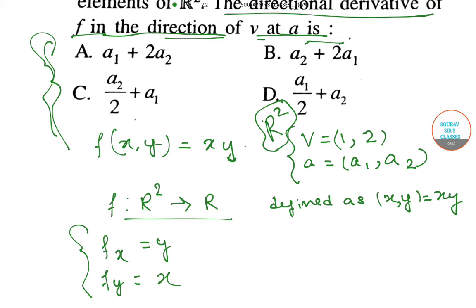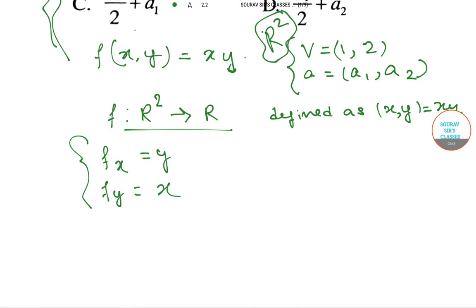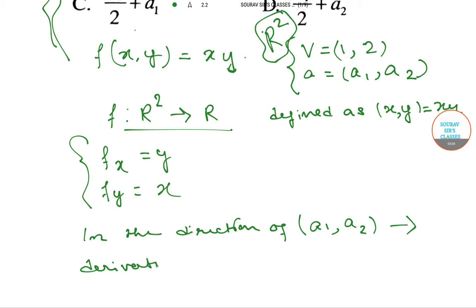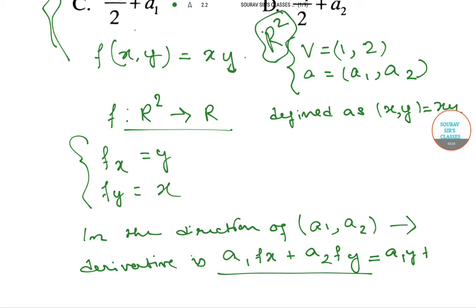Now in the direction of (a1, a2), let me write it for you, the derivative is a1 fx plus a2 fy, and this is equal to a1y plus a2x.